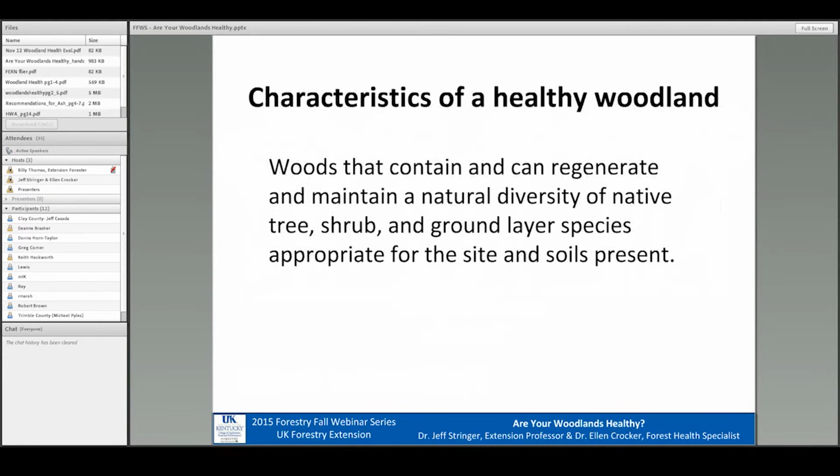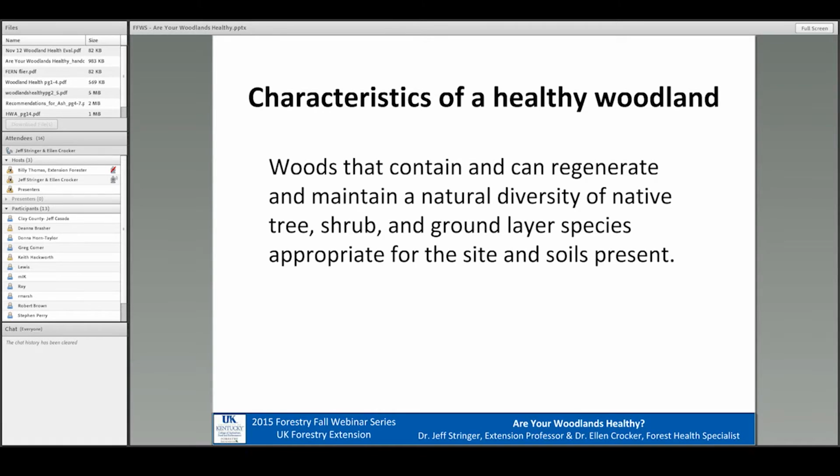Now, regardless of whether you're managing for old growth, or whether you're wanting to keep your woods fairly vigorous and fast growing, there is a commonality here. Woods that currently contain and can regenerate and maintain a natural diversity of native trees, shrubs, and ground layer species appropriate for the site and soils present. If your woods is doing that, then I would view it as being healthy.